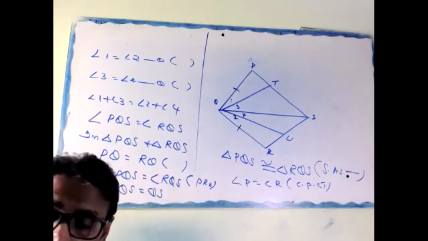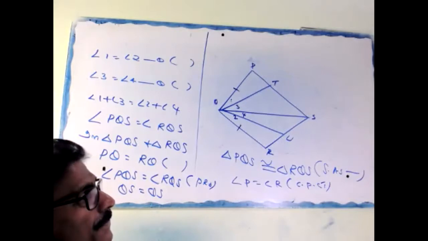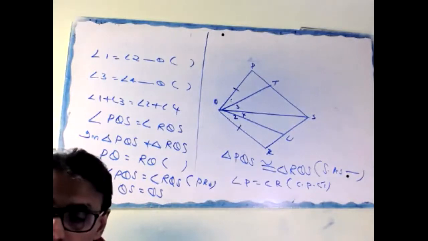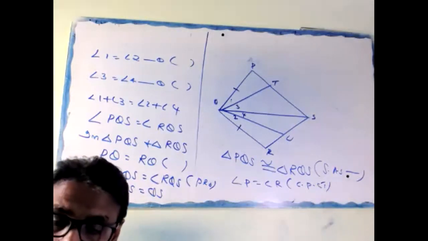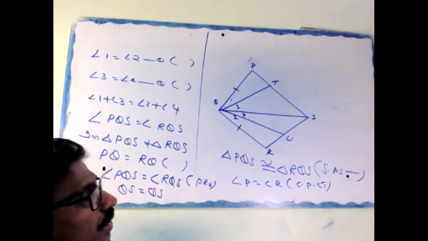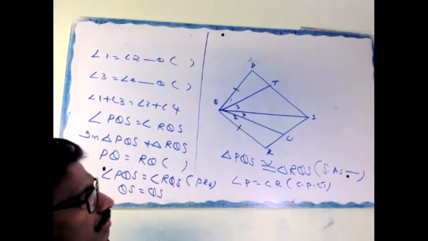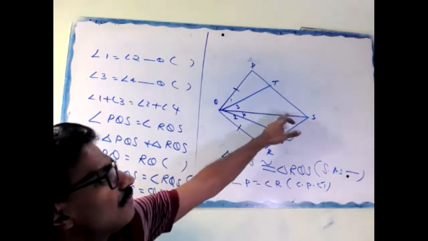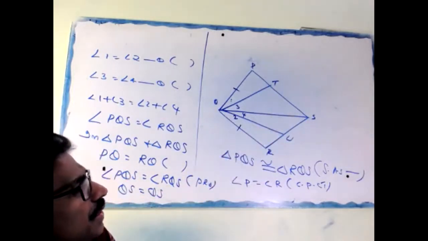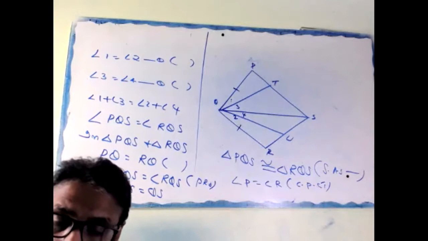Which congruency? ASA. He's saying S, right? PQS and S also. Okay.